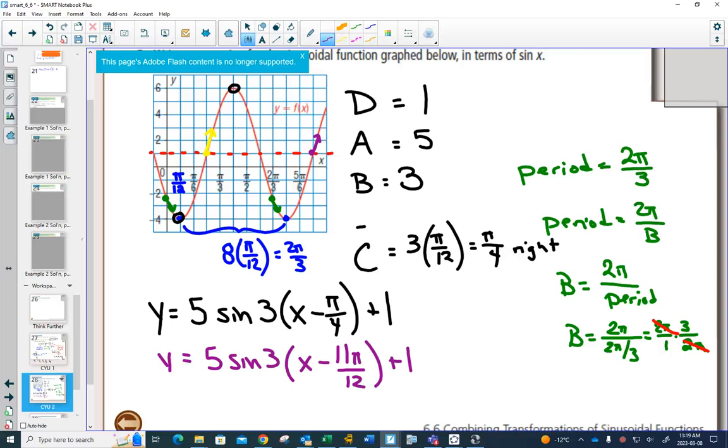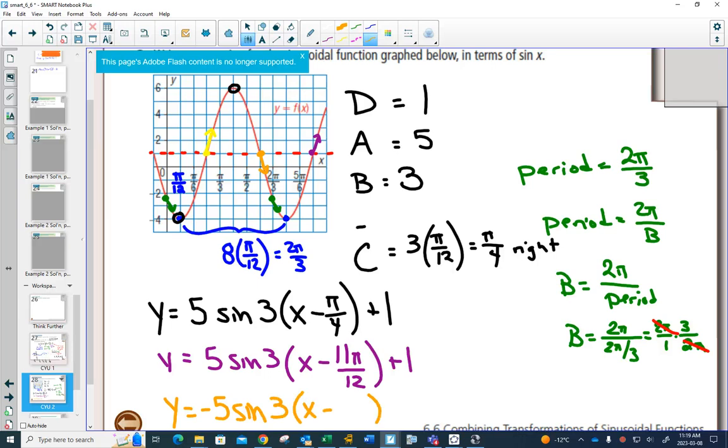And then you have, what if I chose this as a starting point and it's going down instead of going up? How does that affect the graph? The equation would be? Minus 5. Yes. Times sine 3. So a negative in front, but then this would still be 3.